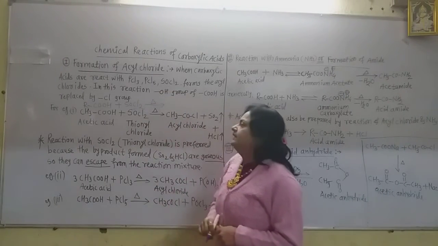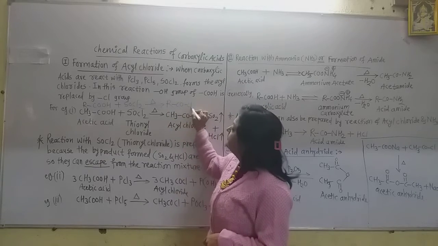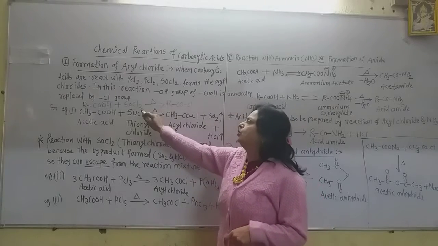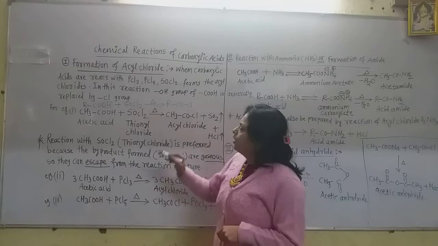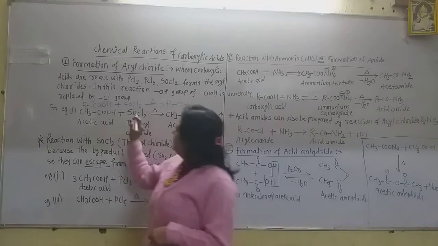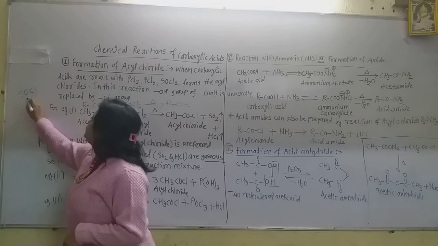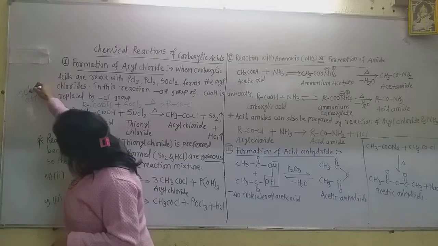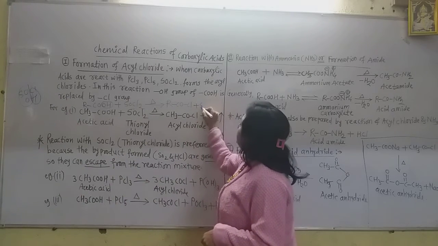On heating, we obtain the acyl chloride RCOCl. The OH group gets replaced by a chlorine atom, and what remains is SOCl, which combines with the OH, so there is formation of HCl and SO2 gas as byproducts.